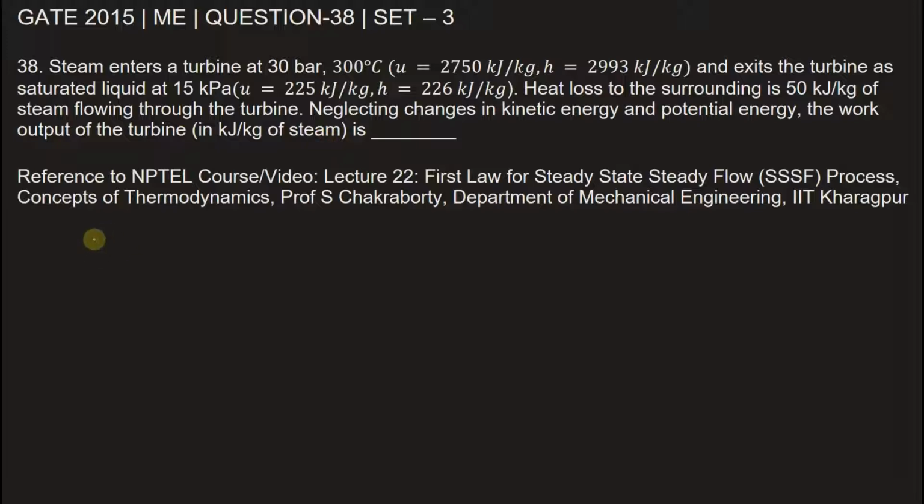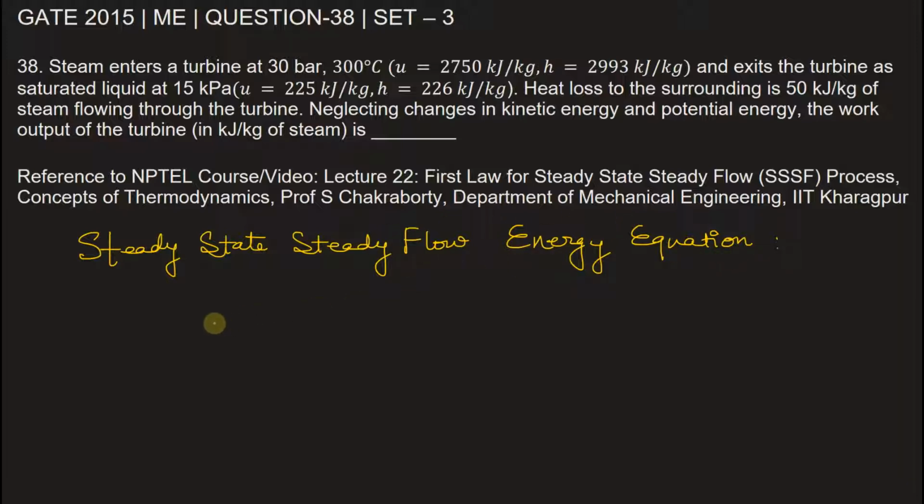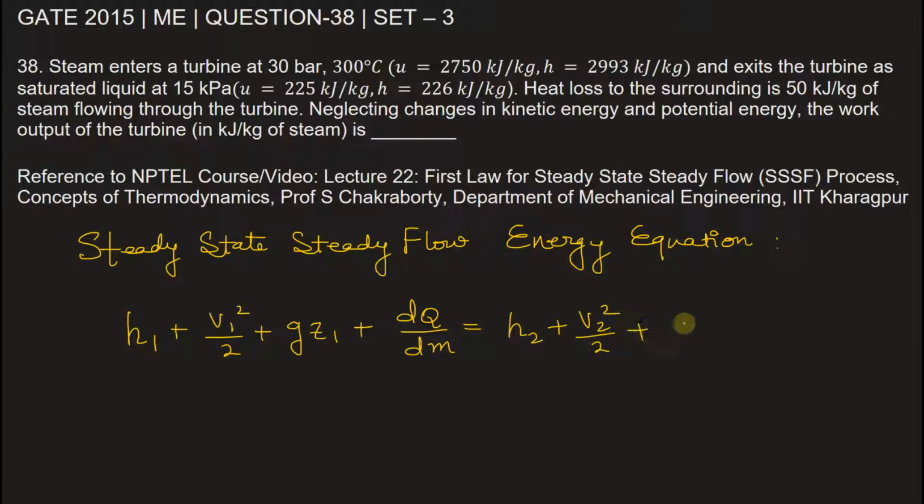So from the steady flow, steady state energy equation from the first law of thermodynamics, if we write this equation per unit mass, we can write H1 plus V1 square by 2 plus g Z1, the potential energy, plus dq by dm, the heat transfer per unit mass, is equal to H2 plus V2 square by 2 plus g Z2 plus work done per unit mass.